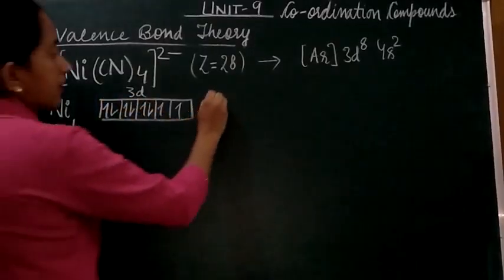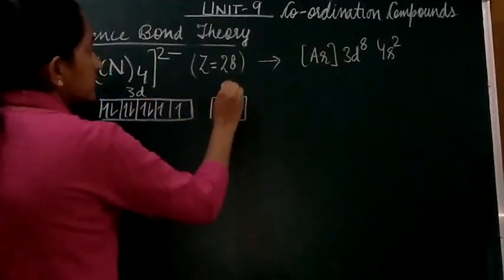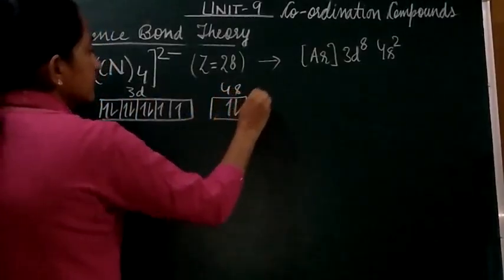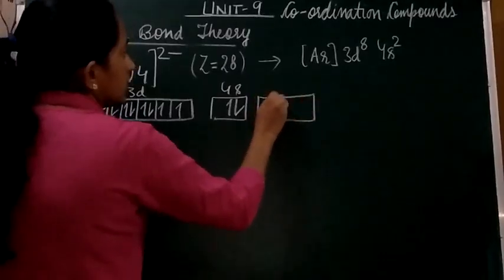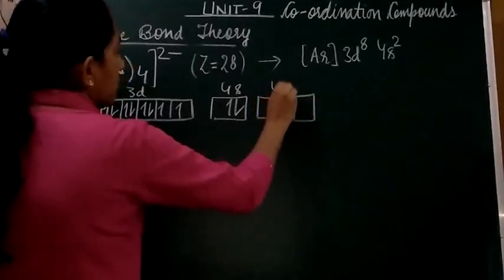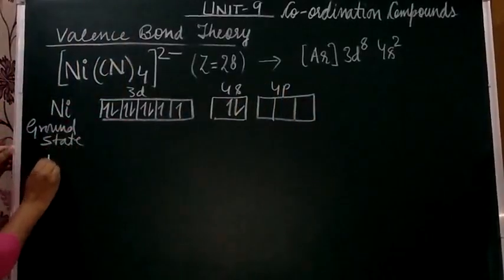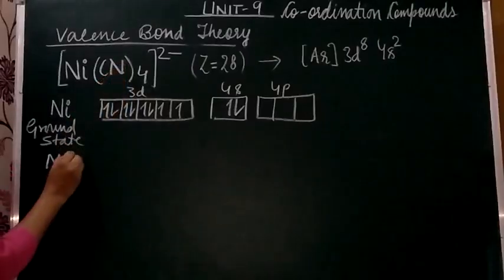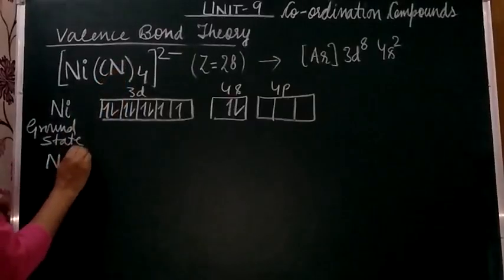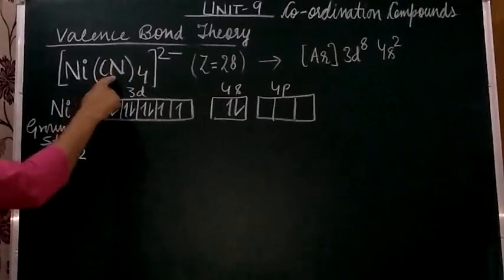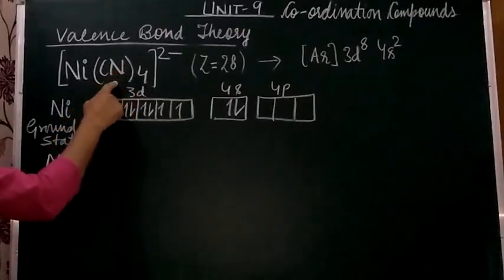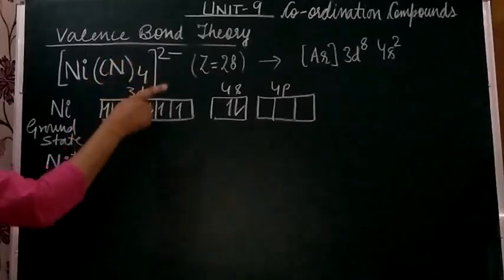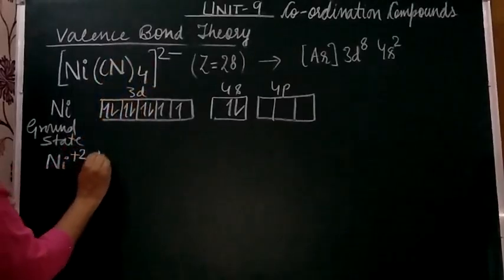Then comes 4s2. This is 4p. Then next will be the oxidation state of nickel. So students, here it will be how much? It will come +2. Right, it's -1 into 4, just -4, x - 4 equals -2, so x comes +2.